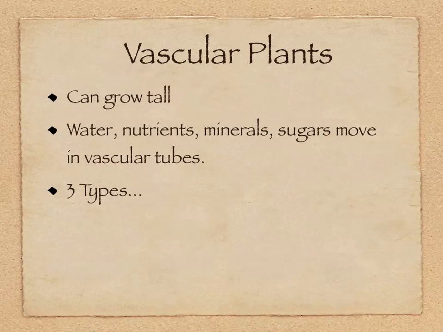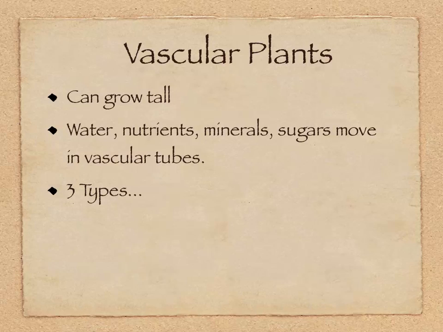Vascular plants. One of the hallmarks of having a circulatory system, so to speak, in a plant is that they can grow up and away from the ground, up and away from the water, so that they can reach up to try to grab onto sunlight. Sunlight is their key to survival, because without sun they cannot make sugar during the chemical process of photosynthesis.